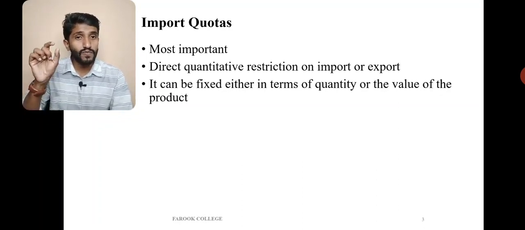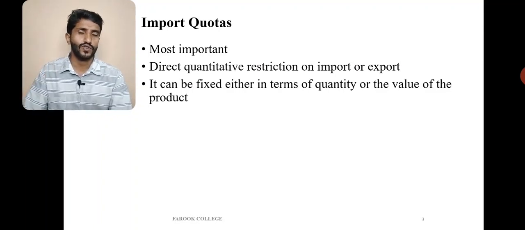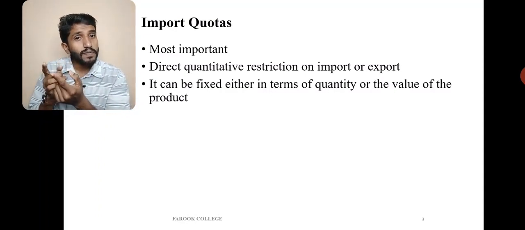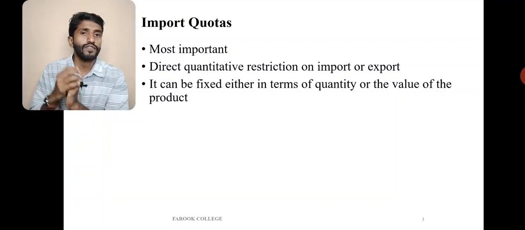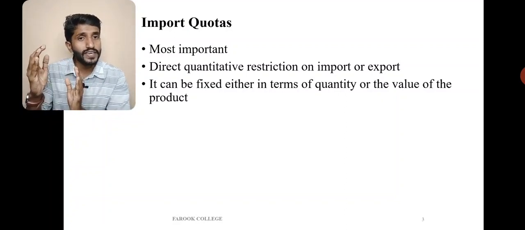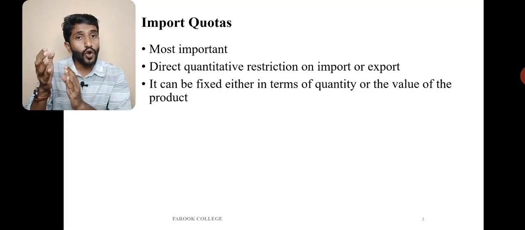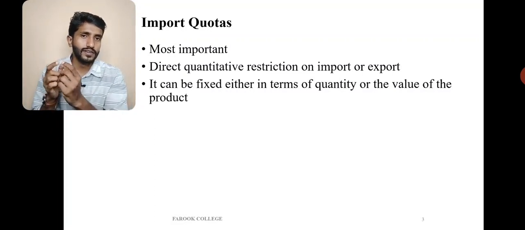The maximum value which can be given for the import of TVs is 10 lakh rupees. We can't give more. So it is also a restriction, but a restriction on the total value of the commodity, or it can be a restriction on the quantity.